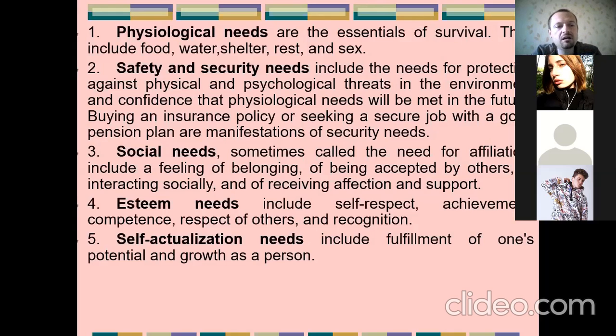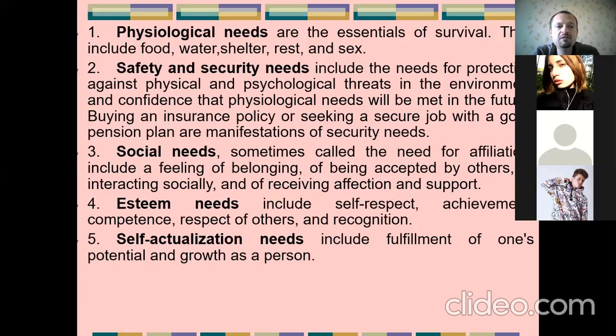Fourth group of needs, esteem needs. It means that we want somebody to respect us, and we want to have some achievements, and we want to be proud of these achievements.